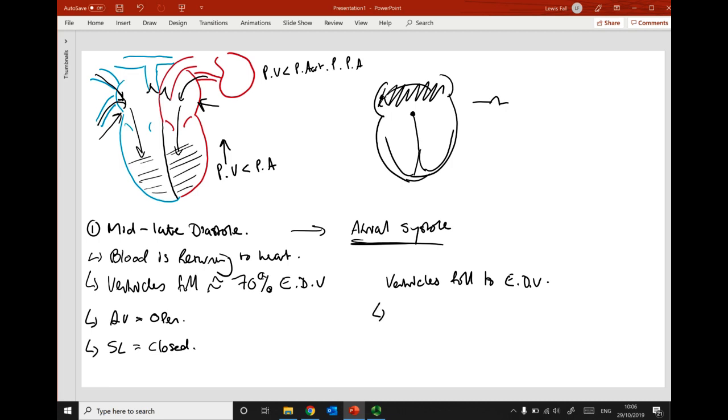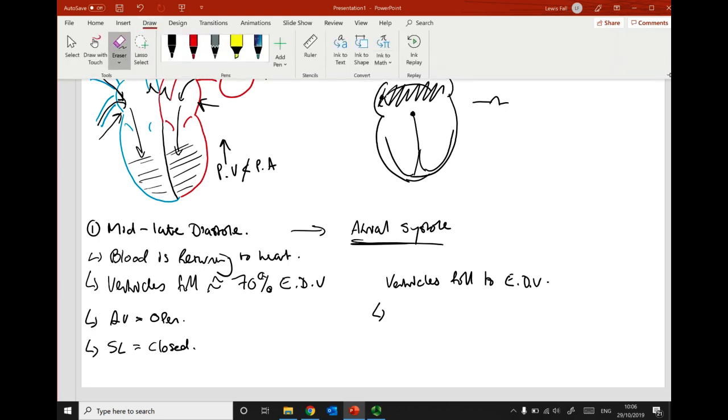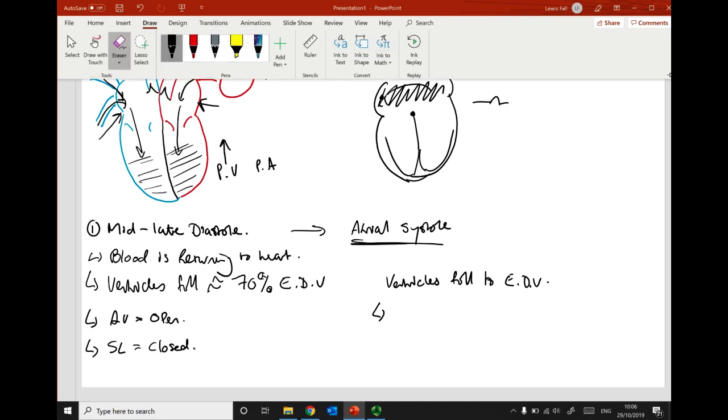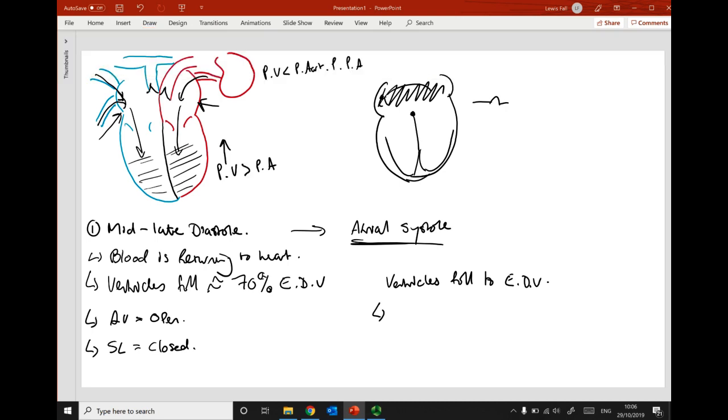Now, the pressure inside here is going up. It's going to go up such that that gets replaced with this. So the pressure in the ventricles becomes greater than the pressure in the atria.